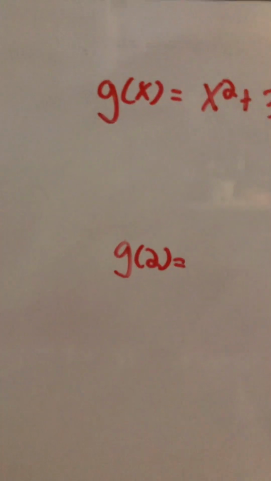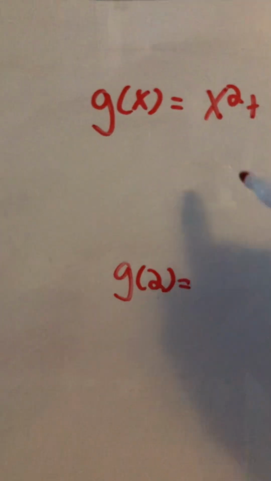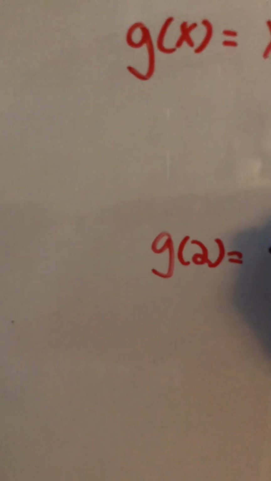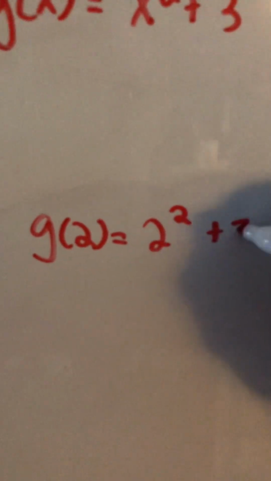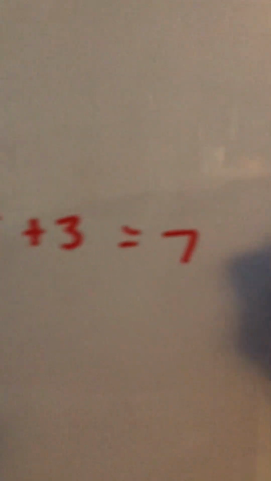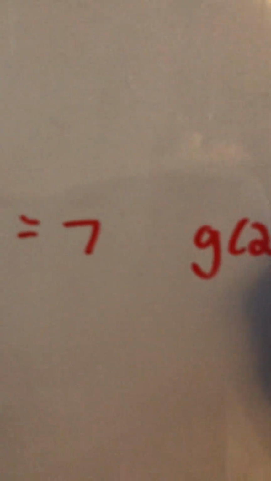So first I'm going to find what g of 2 is. To find g of 2, I'm simply going to substitute 2 for x in g of x. So it's going to be 2 squared plus 3, which is just going to be 7. So g of 2 is equal to 7. But it's asking me to find f of g of 2.